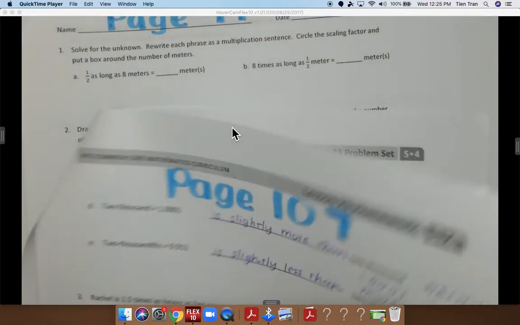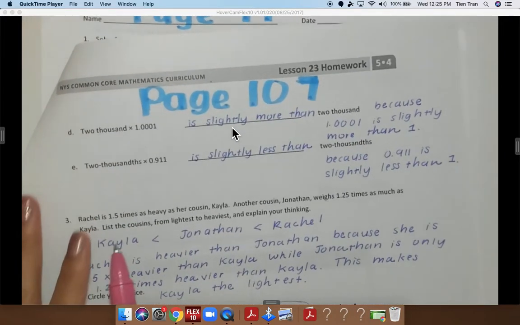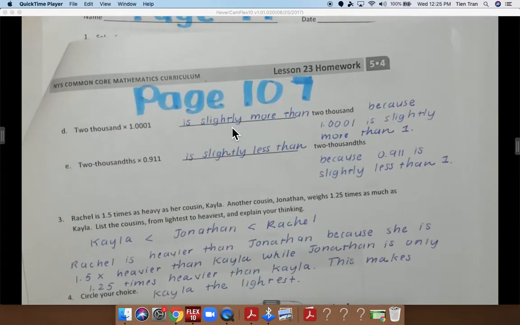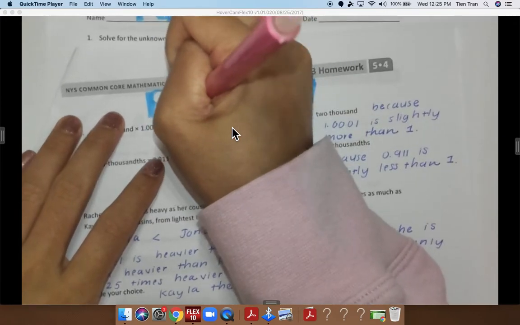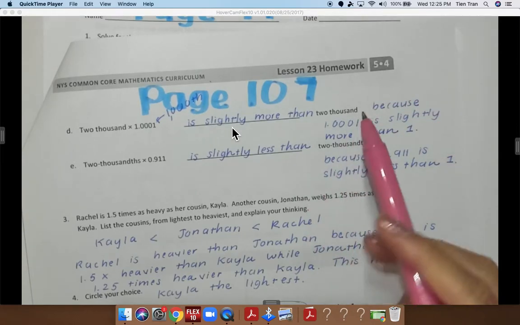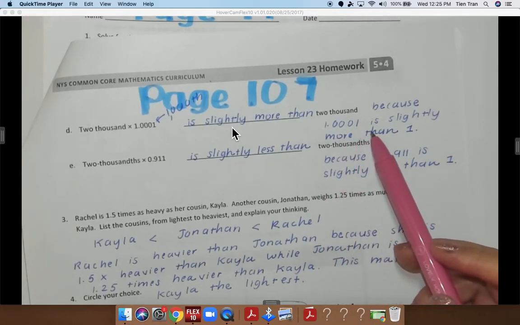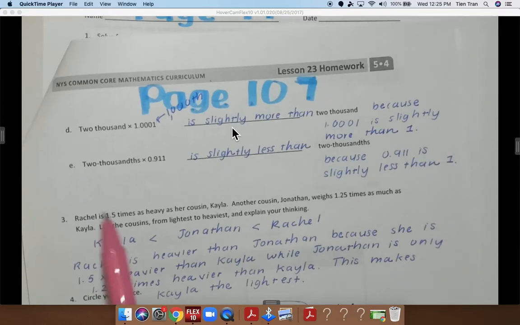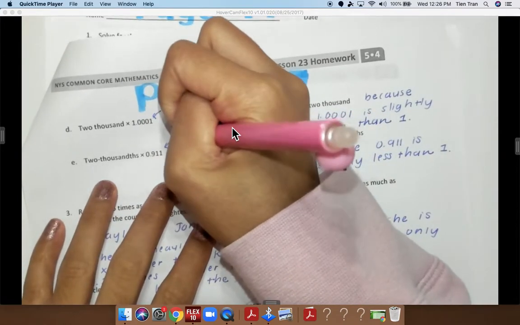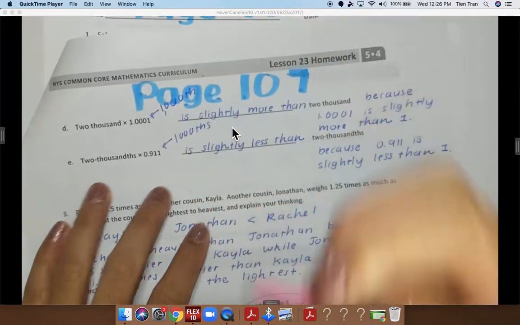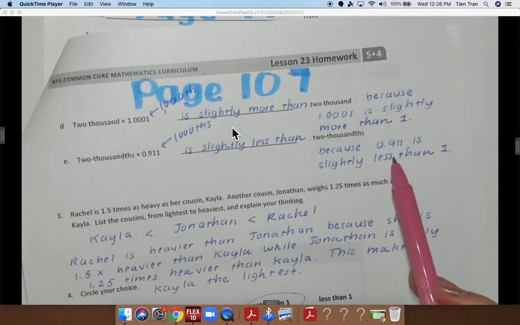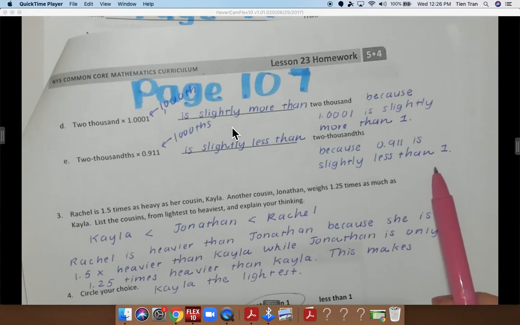Turning to page 107, for part D, we have 2,000 times 1 and 1 thousandths is slightly more than 2,000 because 1 and 1 thousandths is slightly more than 1. 2 thousandths times 911 thousandths is slightly less than 2 thousandths because 0 and 911 thousandths is slightly less than 1.